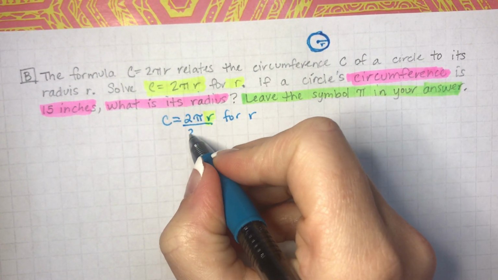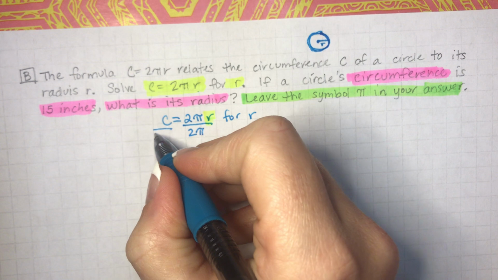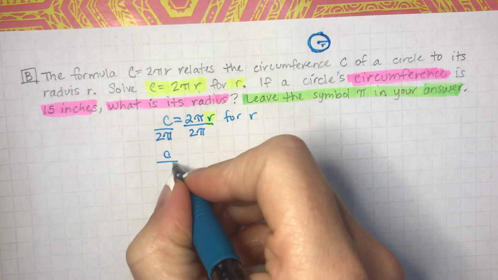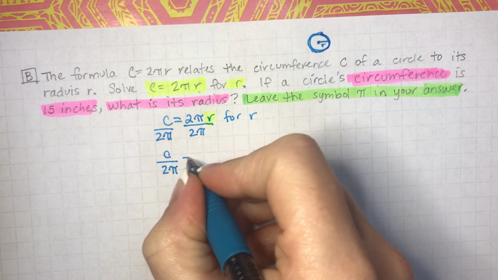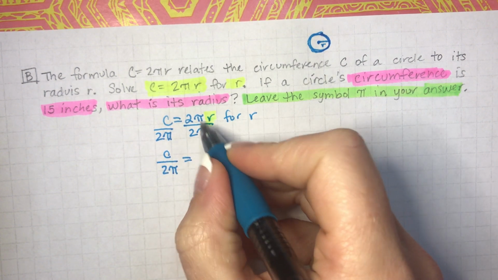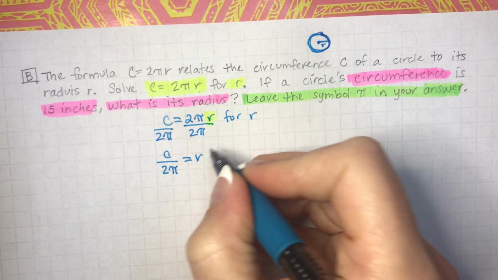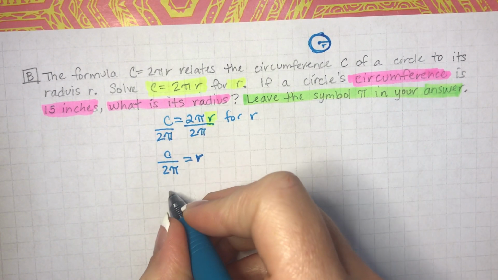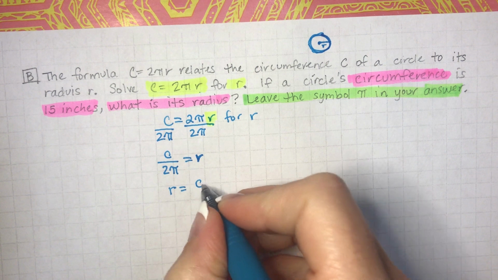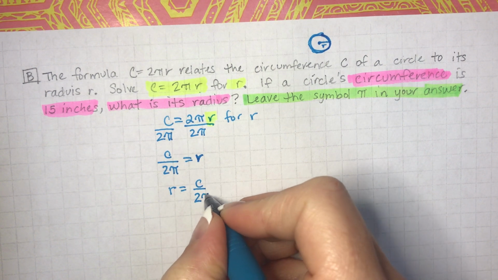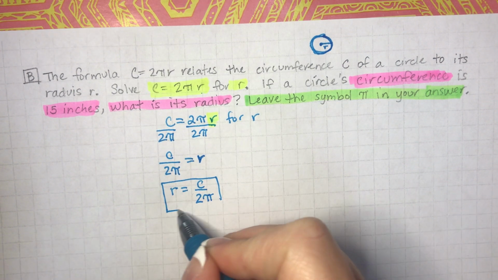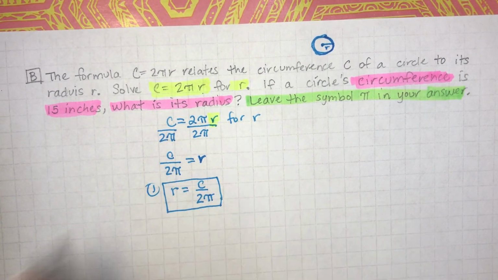We're going to divide both sides by 2 pi. So what we end up with is C over 2 pi. 2 pi divided by 2 pi is just 1, and 1 times r is r. So now we have r by itself, but I'm going to rewrite this so r is on the left side. So that is the first part right there.